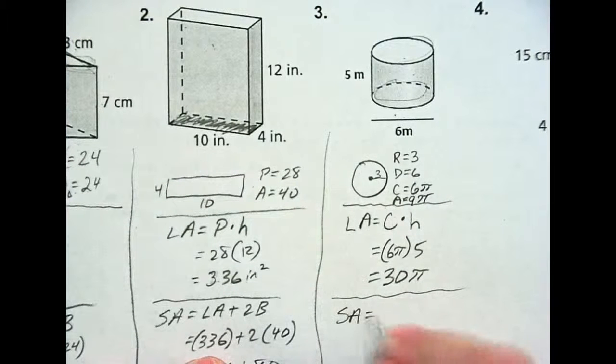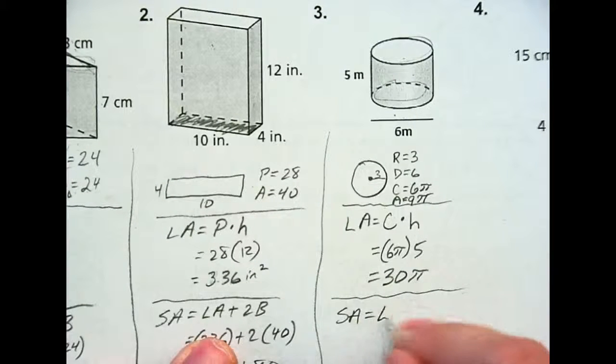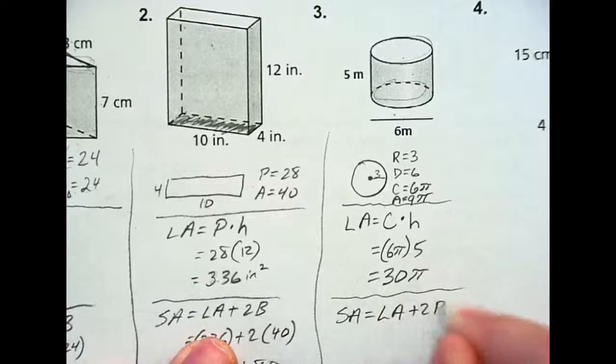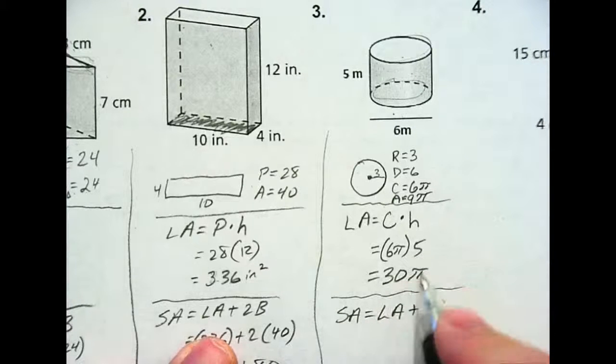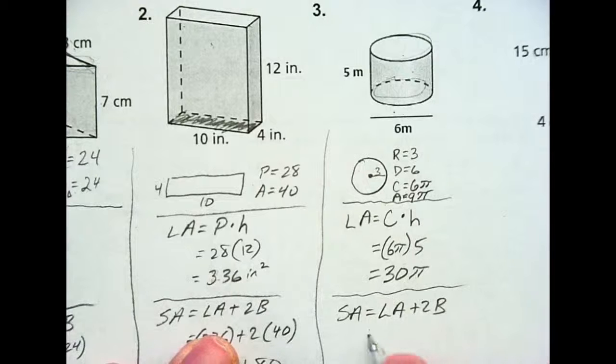Yeah, you add it to your 2 bases to find the surface area, LA plus 2B. So if you're going to ever substitute a value in, never round it. Wait until the very end. So if I'm substituting in, I'm going to use the exact measure, which is 30 pi. 2 times the area of the bases is, well, 9 pi.